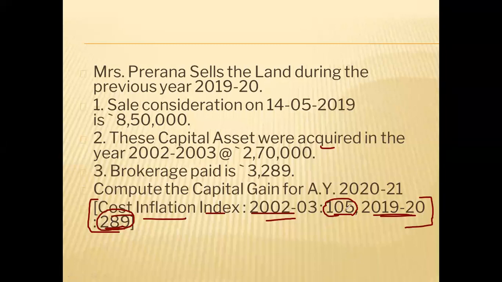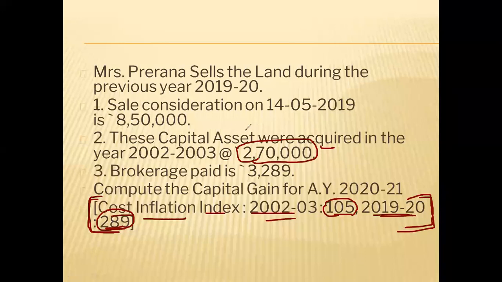So using these values, we will increase our asset's cost also. Now, important point: this cost inflation index data will be given in the question. No need of remembering these values. This will always be given at the end of the question. Now if more data is given, you only have to take what is relevant.